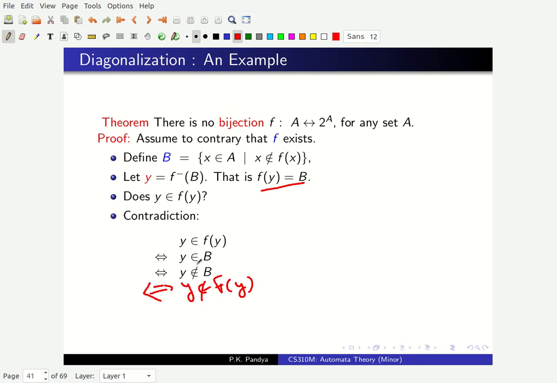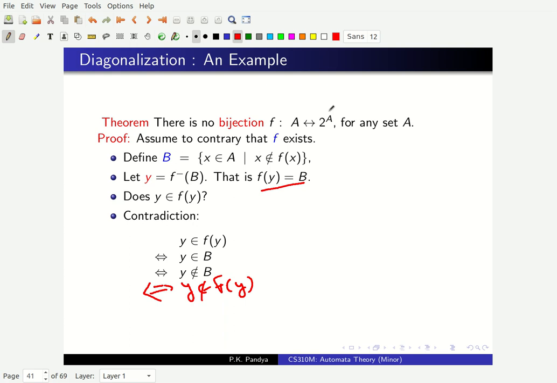So we have a contradiction: Y belongs to F of Y if and only if Y does not belong to F of Y. This is absurd. And this absurd result we got because we assumed that there exists a bijection. So this proves that there is no bijection between a set and its power set. In some sense, the power set will always have more elements than the set, right? And this is true also of natural numbers.